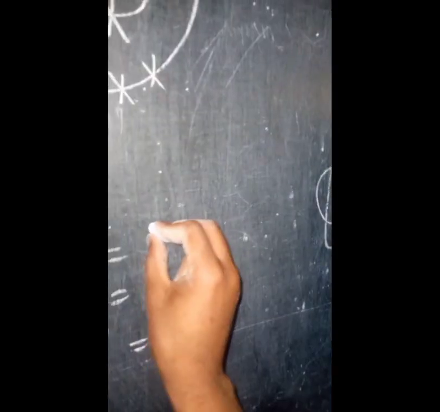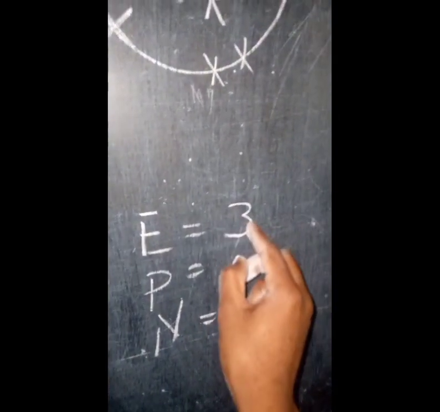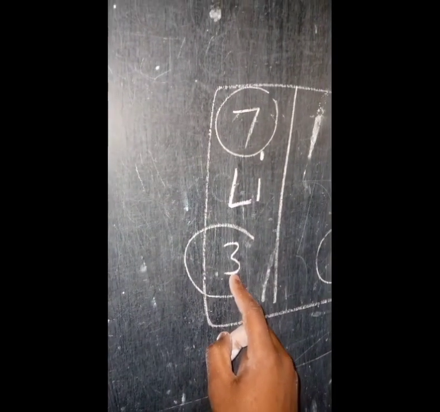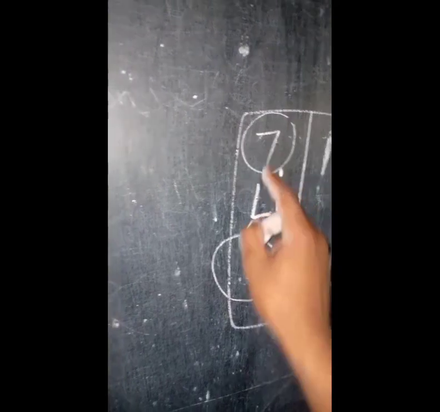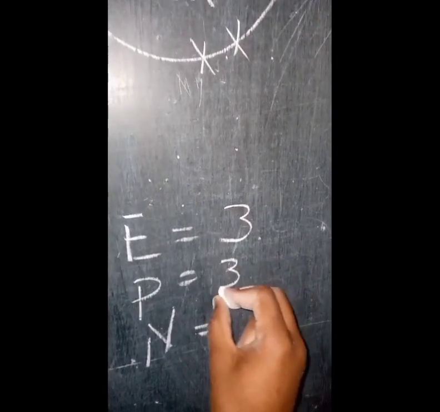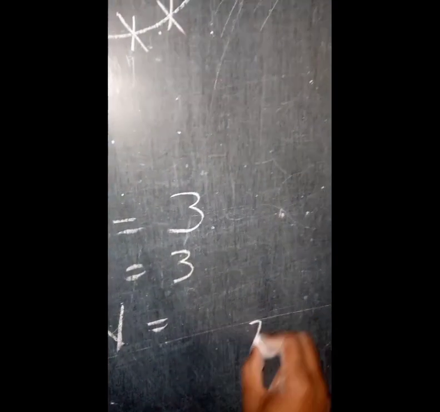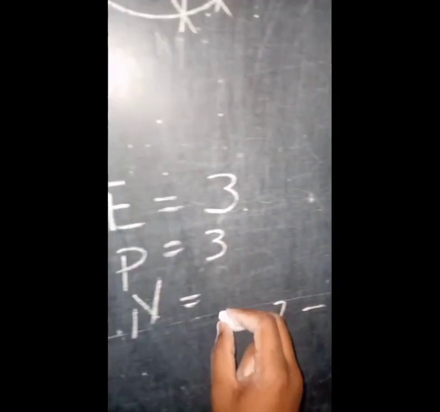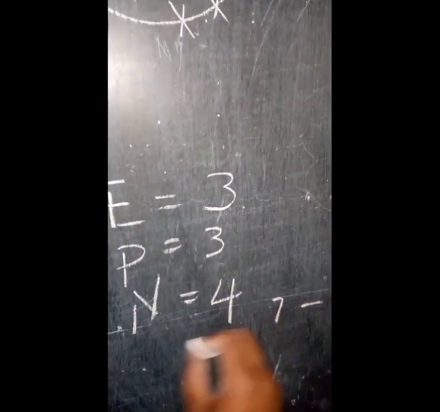So electrons are 3. Protons are equal to electrons, so protons are 3, the number up here. Then when you say 7 minus 3, what you remain with is 4. So the neutrons are 4.